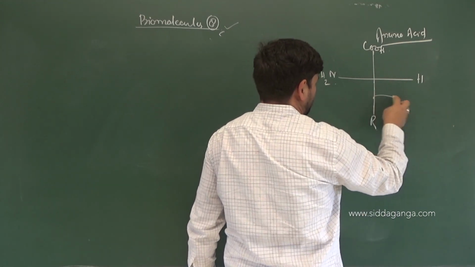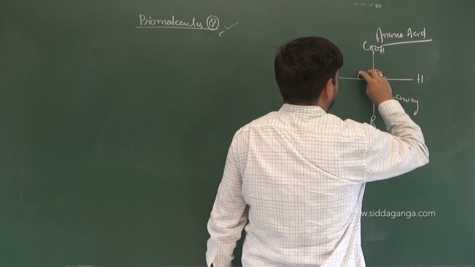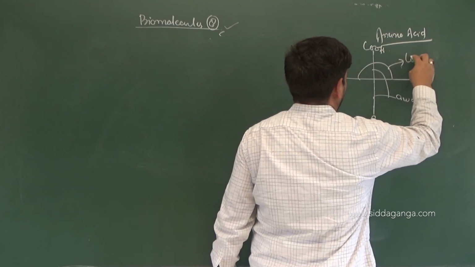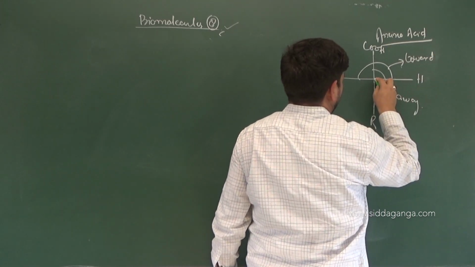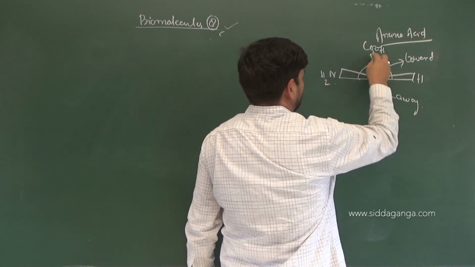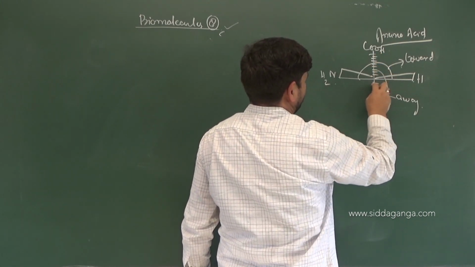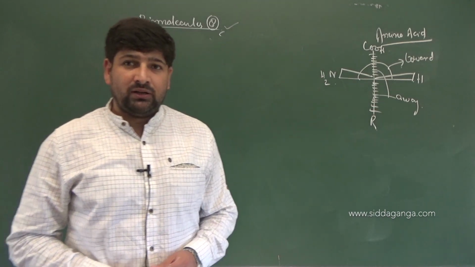These 2 bonds are going away and these 2 bonds are coming towards us. You can mention this by means of wedges, right? And these can be shown by what lines? Dashed lines. It's the basic thing.